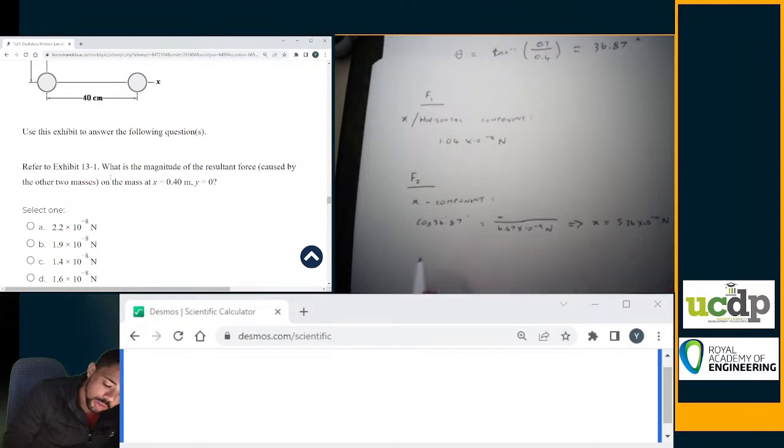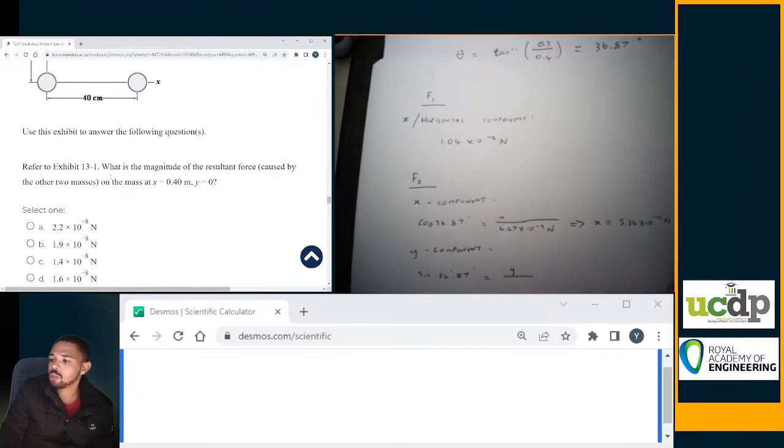Now we have an X component and we also have a Y component. The Y component will be exactly the same, except in this case it will be the sine of 36.87 degrees. I'm going much faster because we're just breaking vectors into components, something you can do in your sleep by now, because you did it during your entire first term.